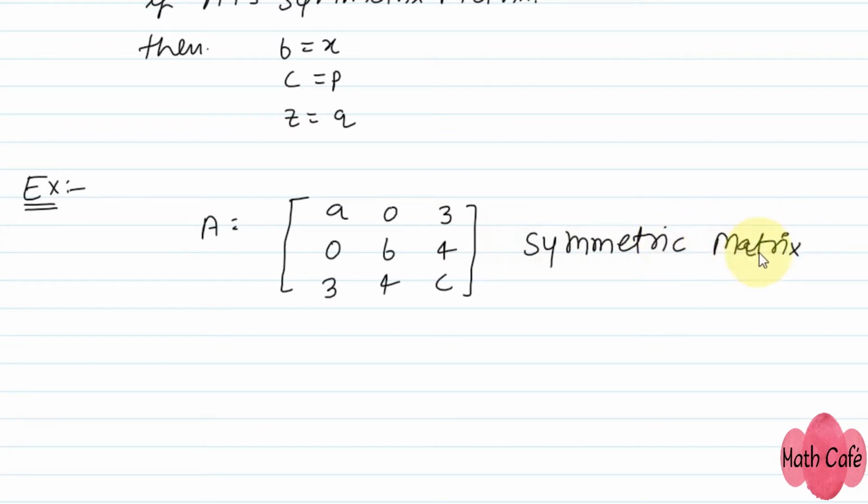Let's proceed with the solution. If this matrix is symmetric, then this term should be equal to this term, A13 should be equal to A31, and A23 should be equal to A32. These terms are equal, so I can easily say that this given matrix is a symmetric matrix.